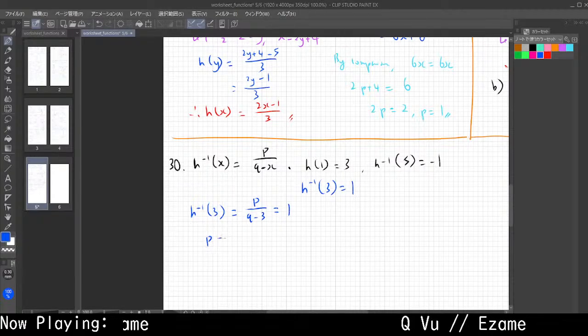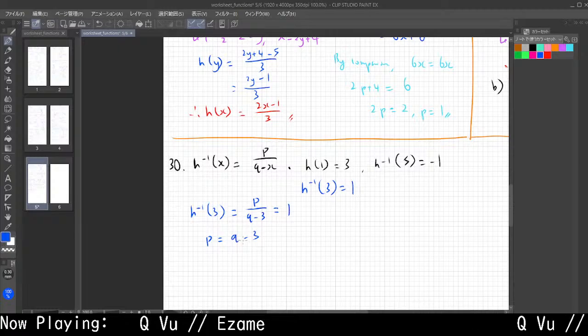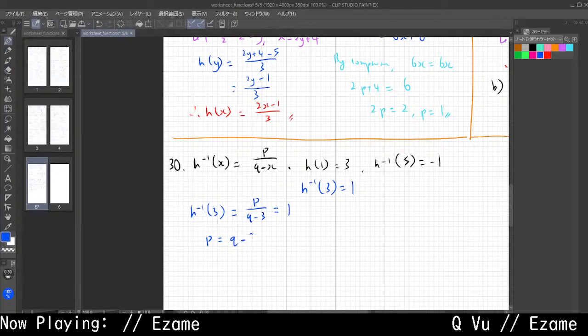Moving the q minus 3 over to the other side to multiply, you get p equals q minus 3.